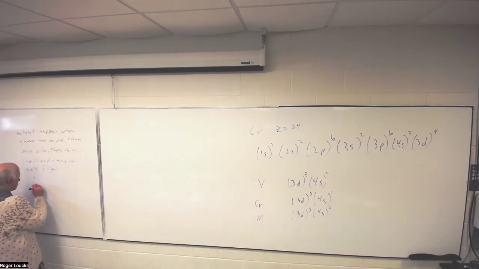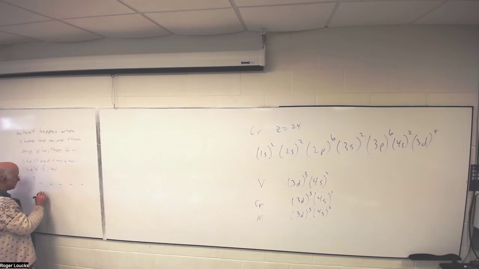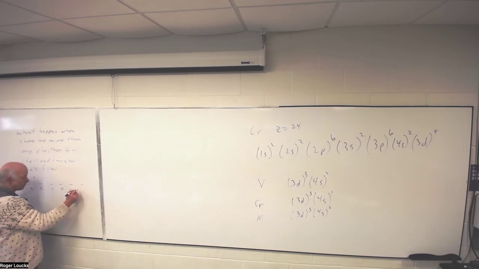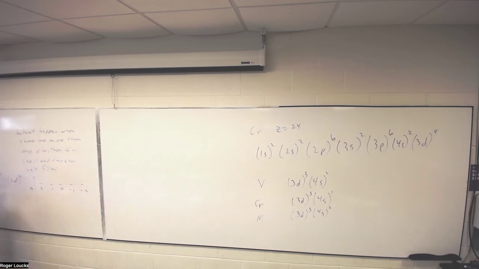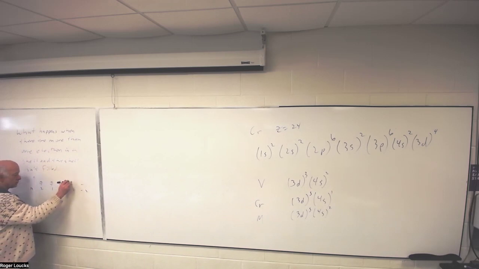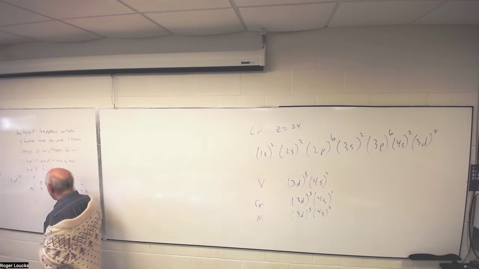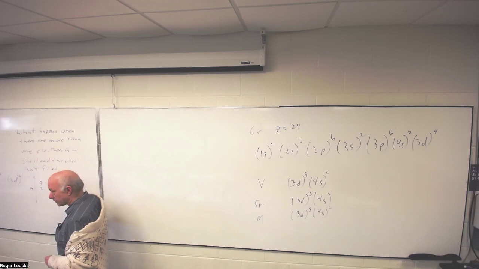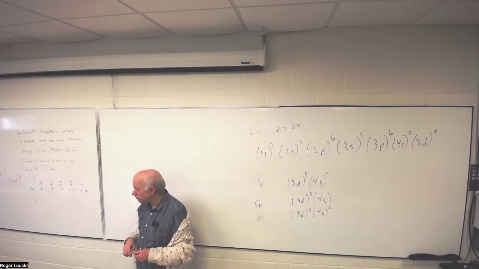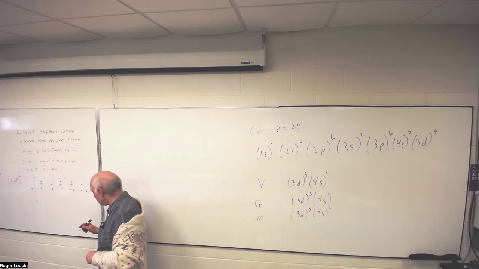So if you look at the M values, this is your 2, 1, 0, minus 1, minus 2. You put in the electrons here, they're going to be something like this, and then they go back and then they go the other way. The question is, what's going to happen? You get something very odd happening here.